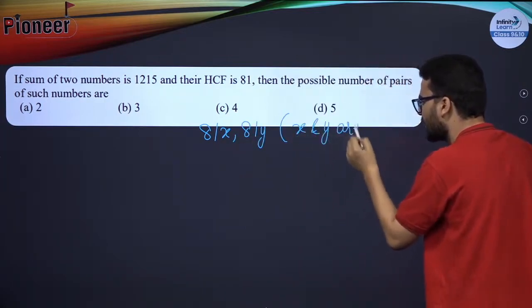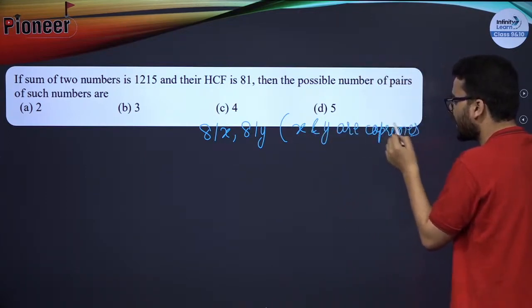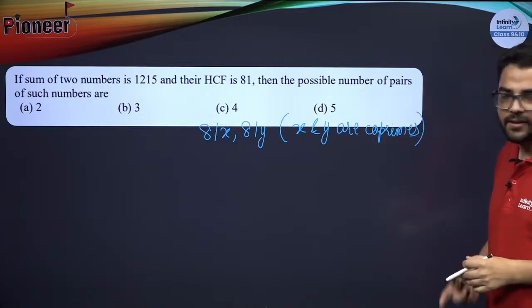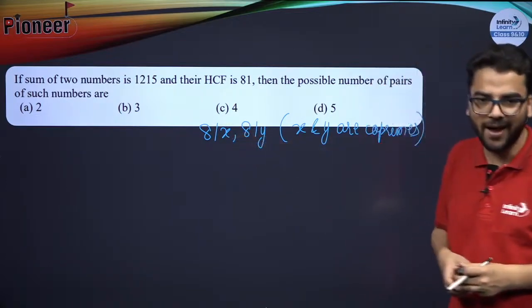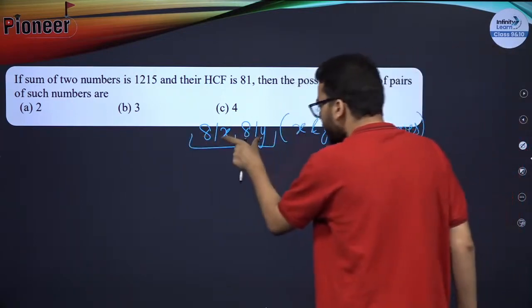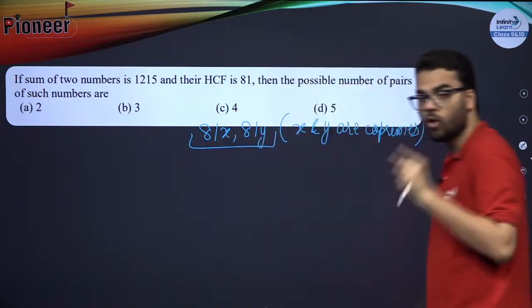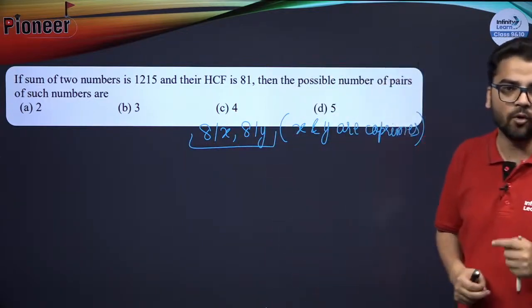That's how you find HCF. You can assume the numbers to be of this form, 81x and 81y. Then only you can say that their HCF is 81, if you assume x and y to be co-primes, so there must be no common factor between x and y except 1. I hope it is clear.